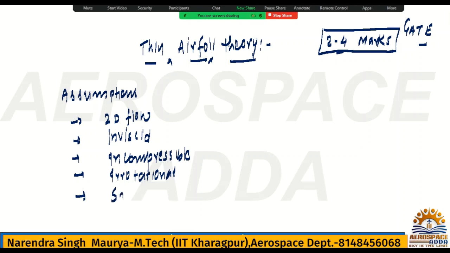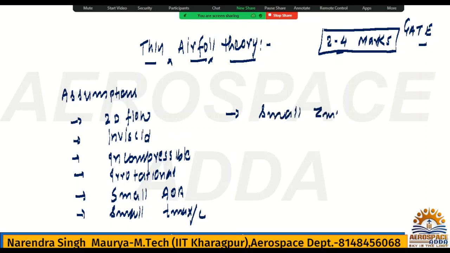It is valid only for a small angle of attack, AOA. That means small AOA means angle of attack. Small t max by c, and small z max by c. These are the assumptions for this thin airfoil theory.